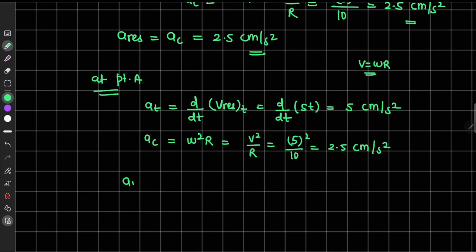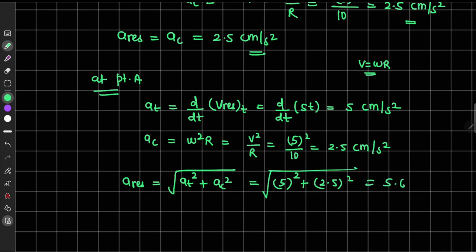So if we write the resultant acceleration, we can write it as at square plus ac square under root, because both the accelerations are mutually perpendicular. So we can get 5 square plus 2.5 square under root, that is equal to 5.6 centimeter per second square.